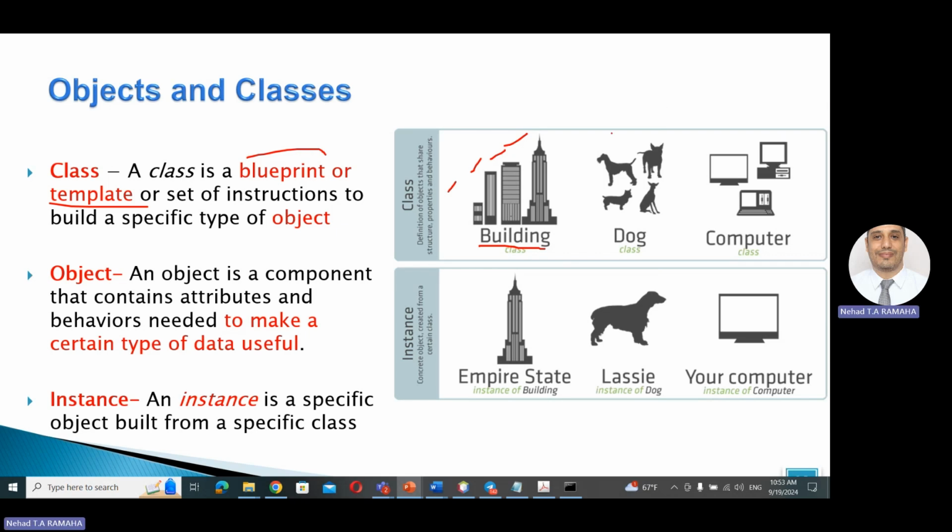Dogs, okay, as you can see, we have many types of dog, but when we say generally the dog class, it means the dog has breed, name, color, and so on. These are the general attributes, the template. But when we speak about a specific building, it means an object.